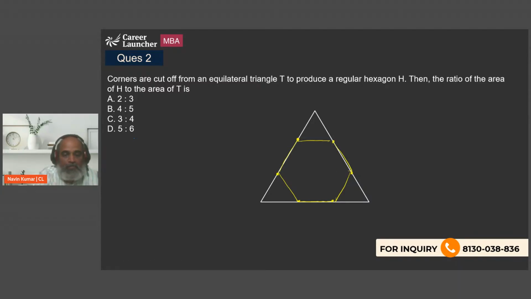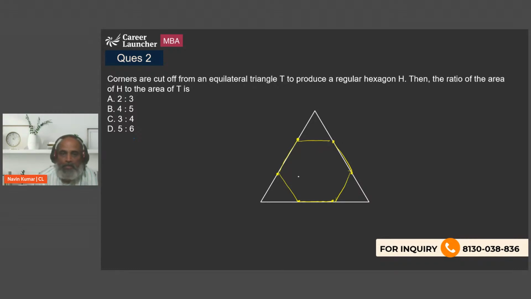Now, we need to find out what would be the side of this particular regular hexagon. So it looks like it is supposed to be one third of the side of the equilateral triangle, but it's not going to be that.